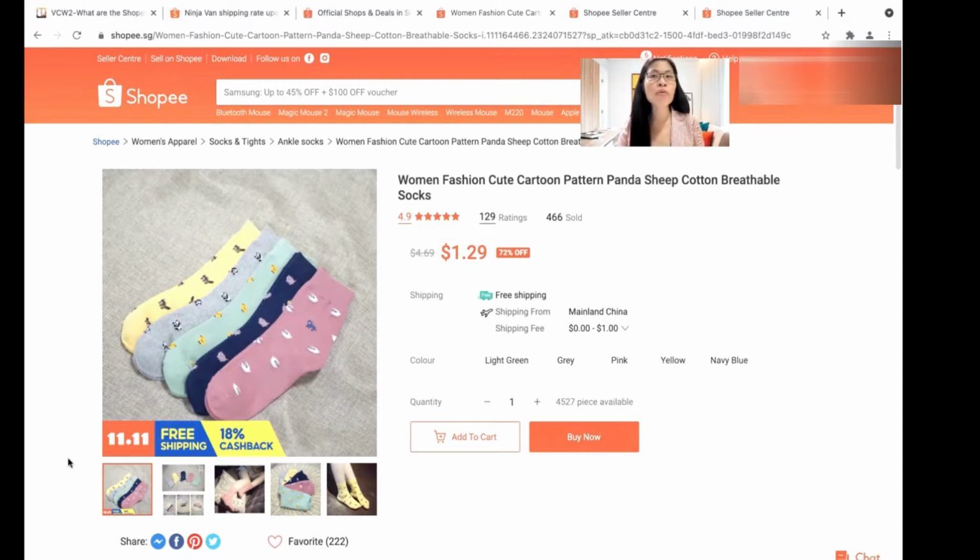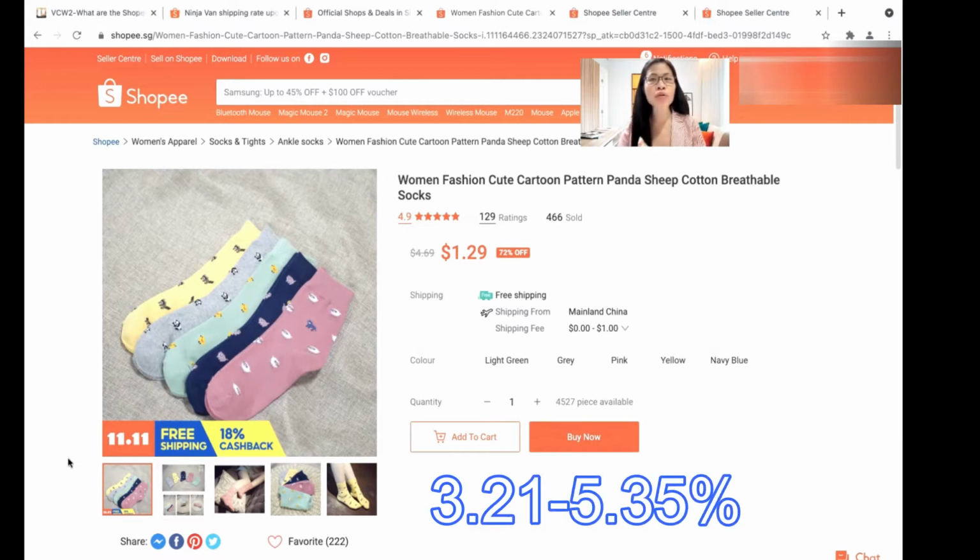From the merchant's point of view, there will be a 2.14% service fee charged for each successful deal. Coins cashback programs allow buyers to enjoy a minimum 10% Shopee coins cashback when they purchase merchandise with the coin cashback label. For the merchant, there will be a service fee between 3.21 to 5.35%, depending on the product category.